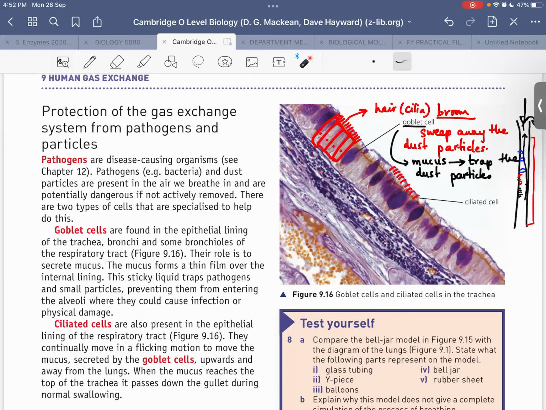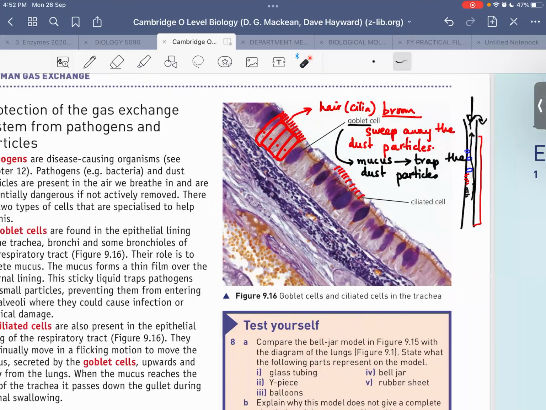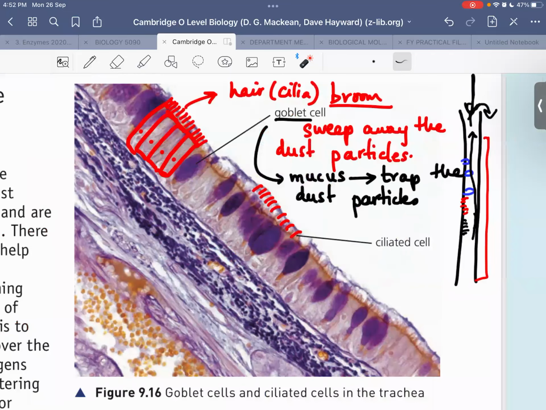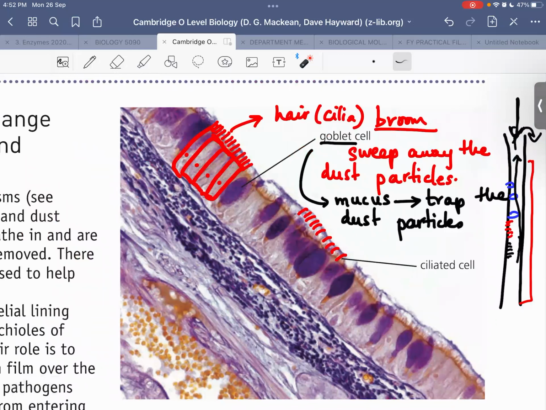it enters the trachea. So the goblet cells have a big nucleus, and the ciliated cells have small nuclei, and they act as brooms, and goblet cells just sweep away the dust particles. No, wait. Goblet cells don't sweep away the dust particles. Goblet cells make the mucus, and the mucus traps the dust particles. Yes.